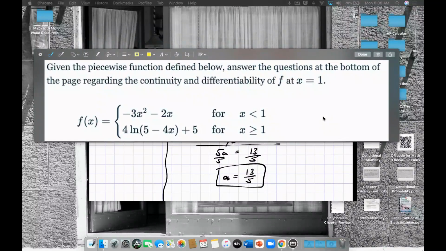There you go. So change the insides equation. You're gonna take your equations, and then you're gonna have to change the part where it says x equals 1. But besides that, you should be fine. You don't have to change. Given the piecewise function defined below, answer the questions at the bottom of the page regarding the continuity and differentiability of f at. You don't change that part. You just have to change the x part and then the function. And I'll replace it in the notes.